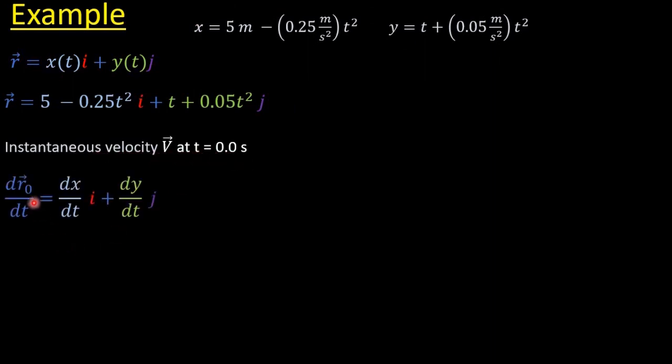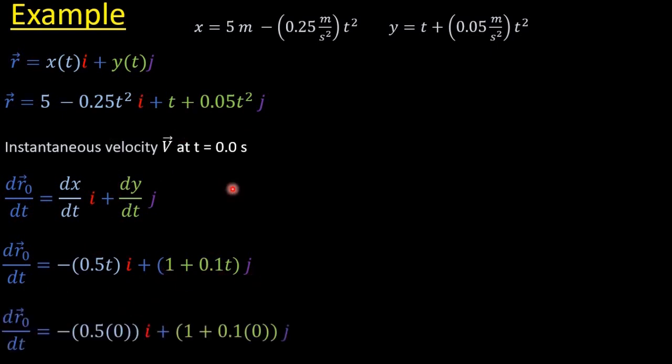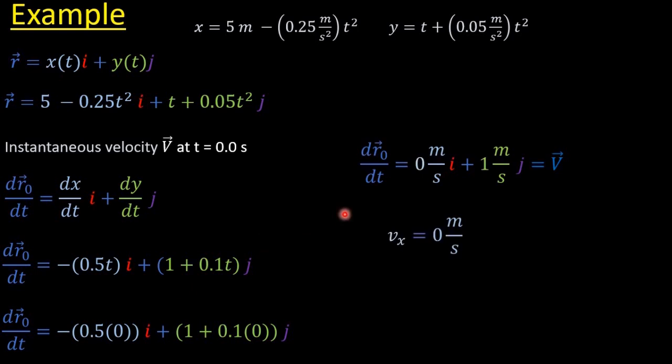We get this, okay, so v sub 0, where 0 means time t equals 0 seconds, equals dx by dt in the i direction plus dy by dt in the j direction. So take those derivatives. So the derivative of this would be that, and the derivative of that is this. Substitute time t equals 0 seconds into there, and we get this. And then we can say Vx equals 0 meters per second, and Vy is 1 meter per second.